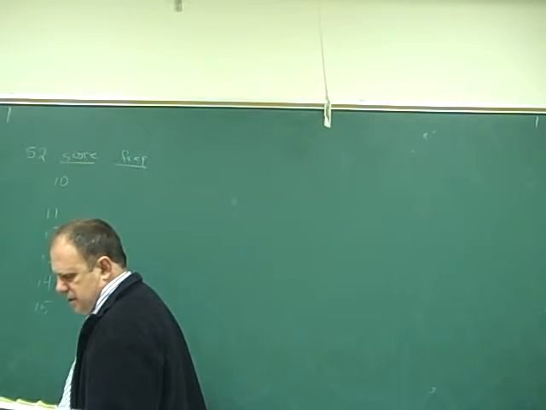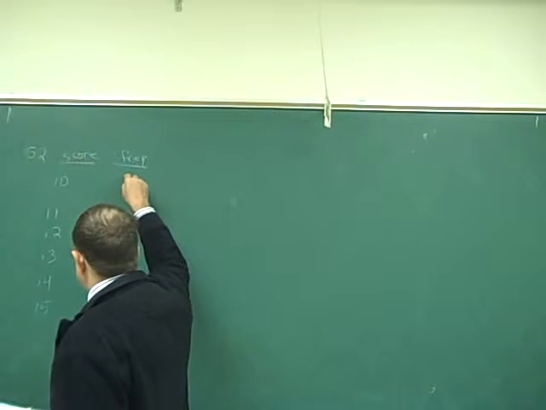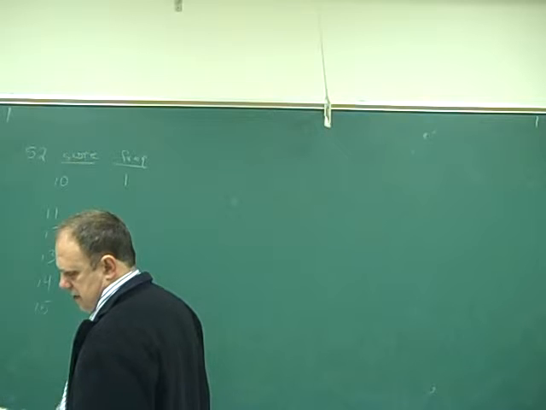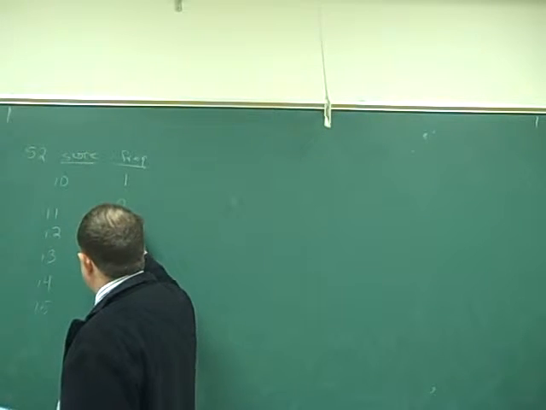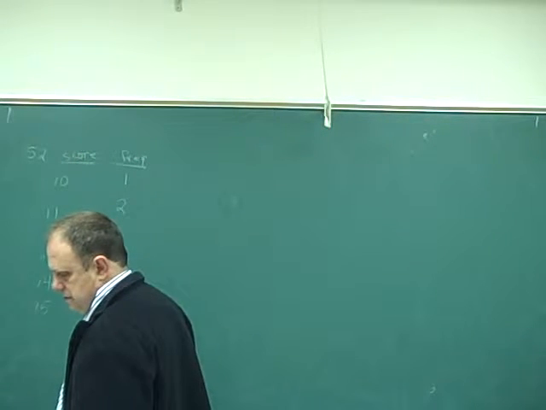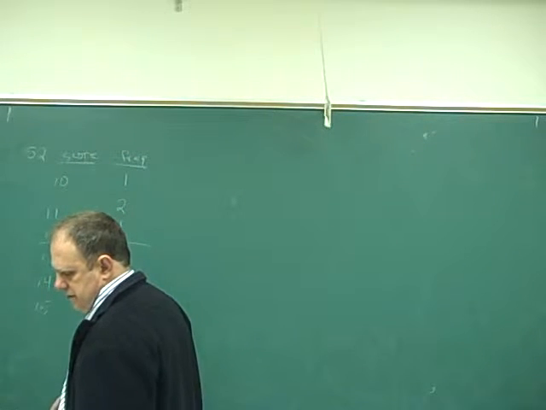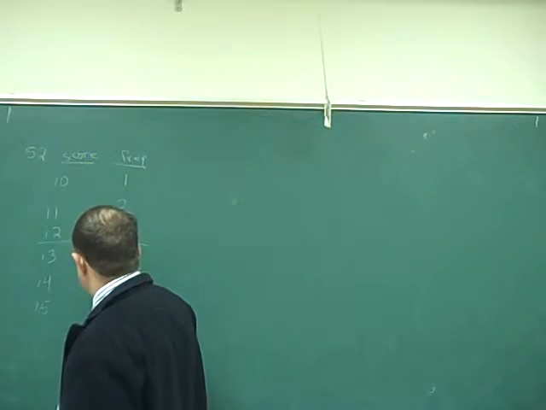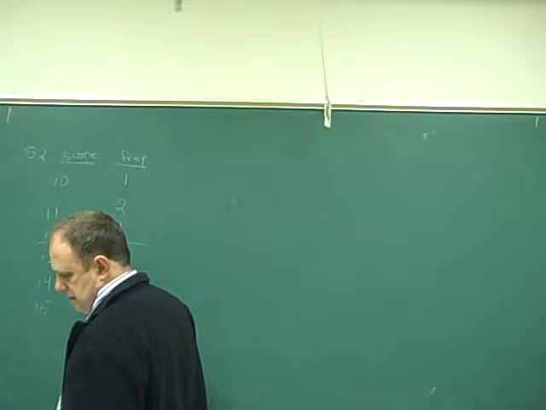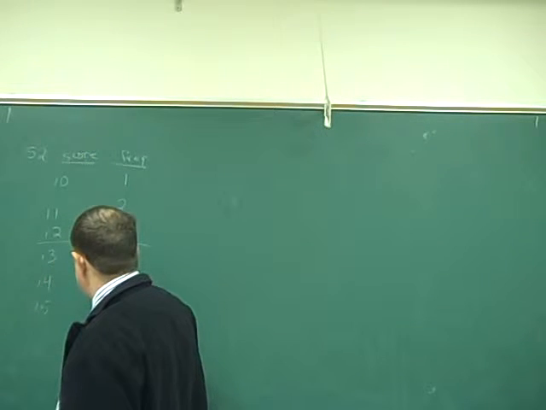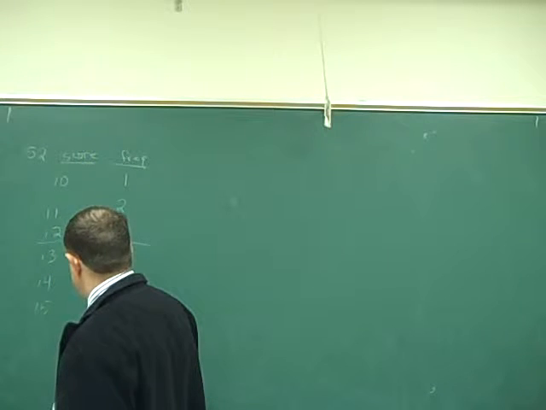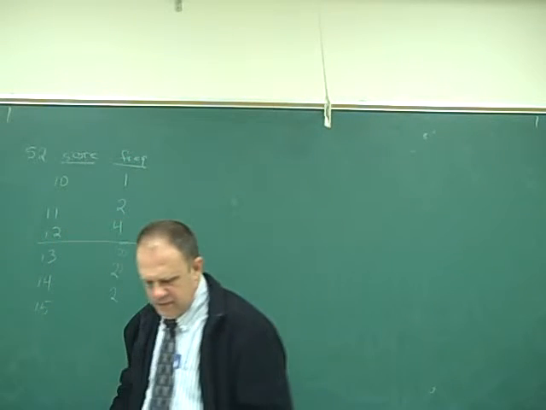Okay, and how many 10s do we have? One, right? How many 11s? 2. And 12s? 4. We've got 4 12s. And how about 13? 5. Yeah, it goes up to 5, right? And then 14, it goes back down to 2. 15 is also 2. All right, good. Okay?